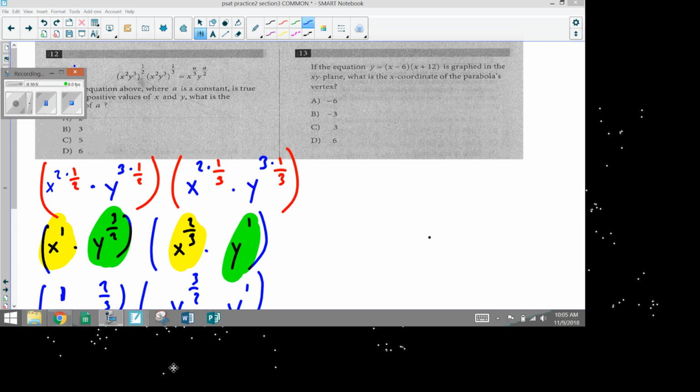Question number 13. Okay, if the equation y = x(x + 12) - 6x - 72 is graphed in the xy plane, what is the x-coordinate of the parabola's vertex? In this case, we did not cover this one in my Algebra 2 class, but I'm going to explain really quickly. If you want to find the vertex, here's the formula.